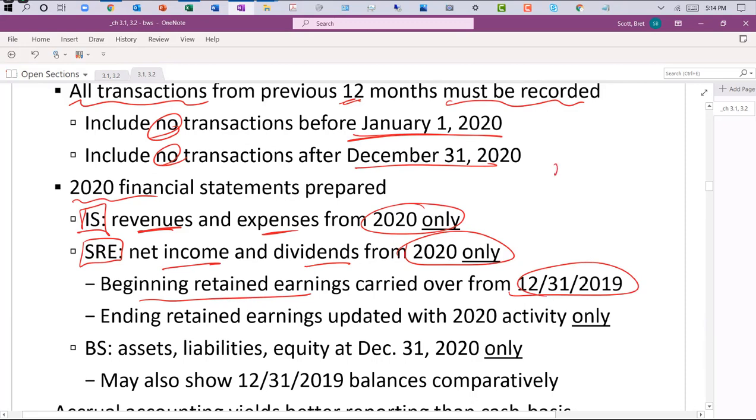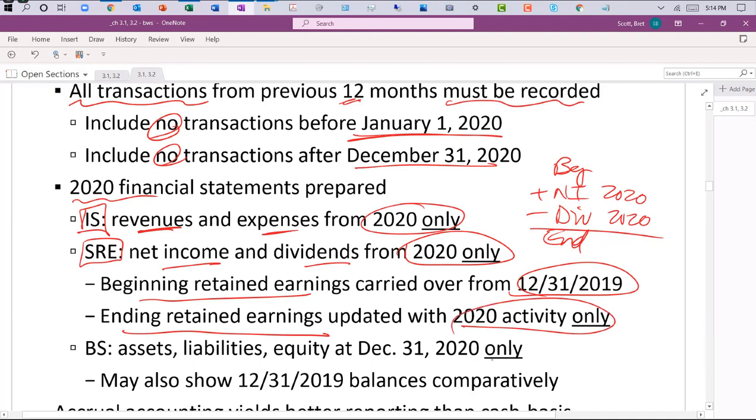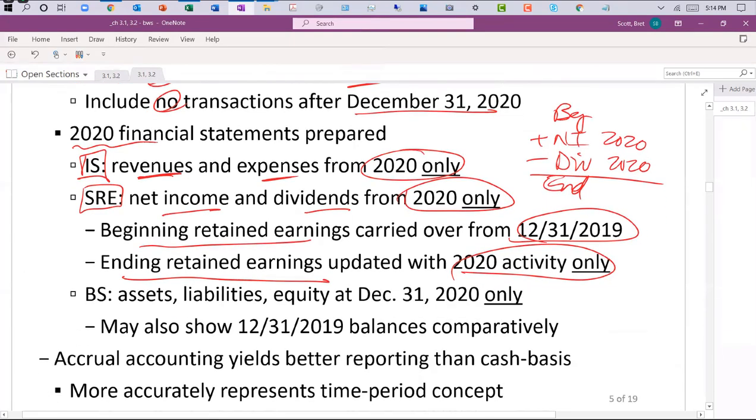What we see after beginning retained earnings are net income for the current year 2020 and dividends for the current year 2020. So the ending retained earnings balance includes everything from 2019 and prior through this current year, but it's only updated once per year with the current year's activity.